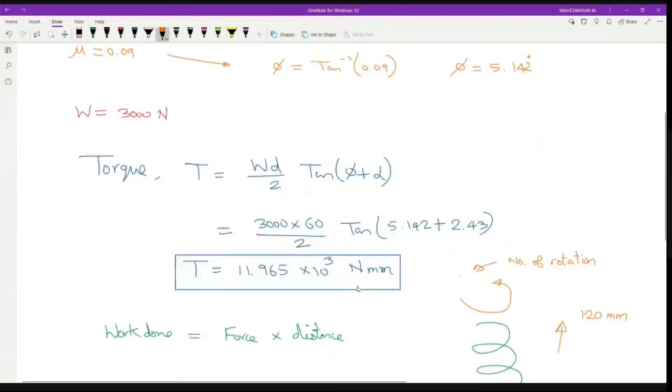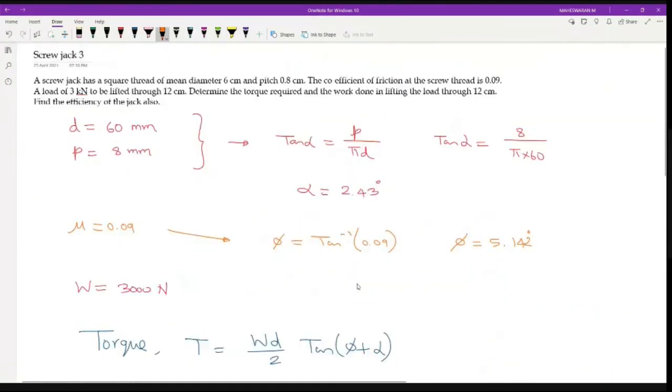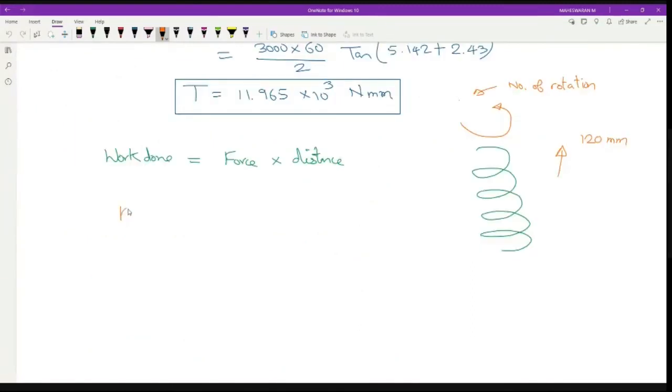Pitch is the distance traveled for one turn, right?